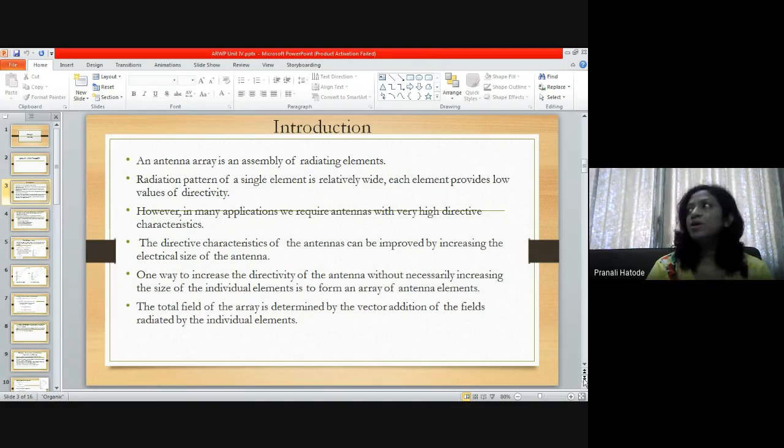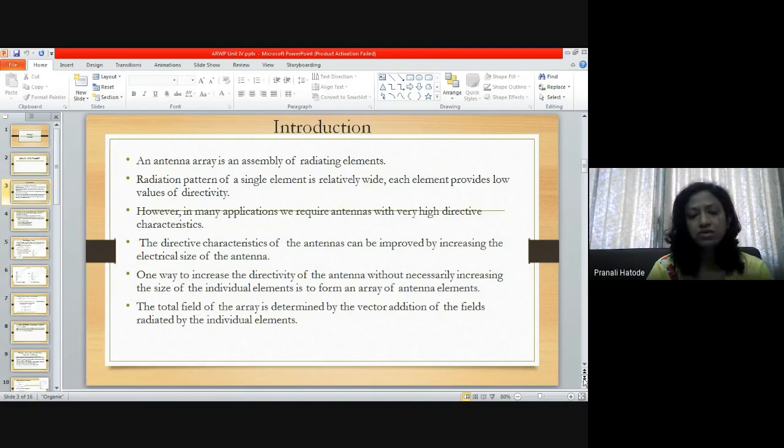So there has to be another way out. One way to increase the directivity of the antenna without increasing the size of the individual radiating element is to form an array of those elements. Keep the size of the element the same as it was earlier.